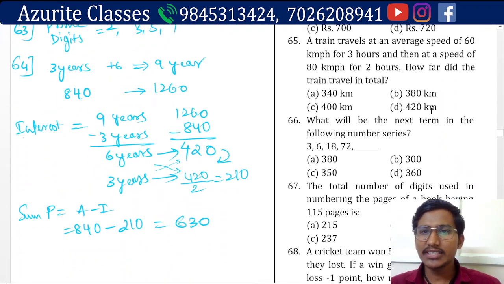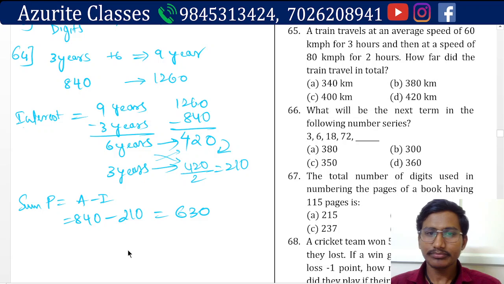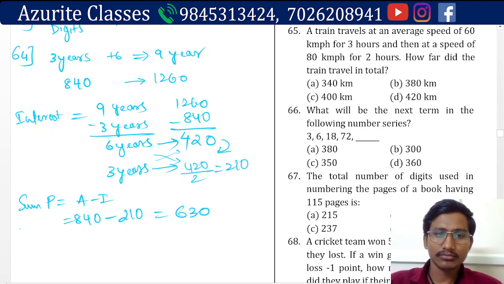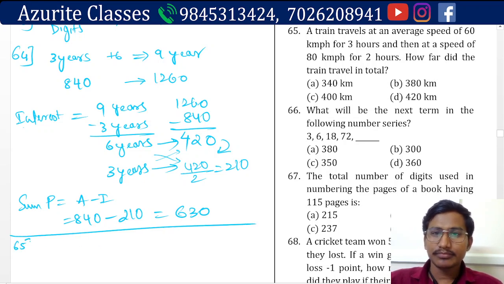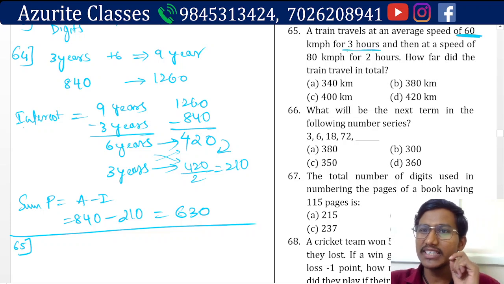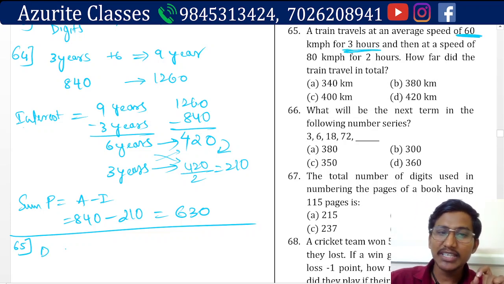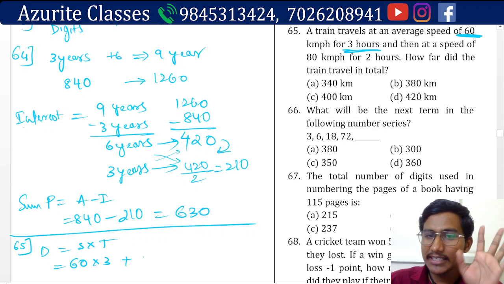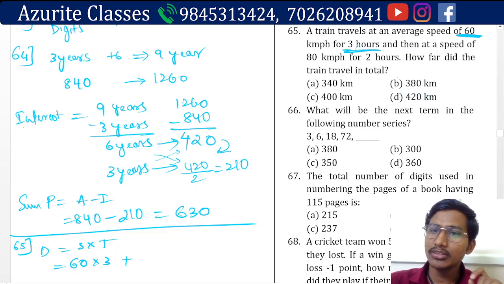So here, question 65. A train travels at an average speed of 60 km per hour for 3 hours. So distance will be speed into time. First, 60 kilometers into 3 hours, and second, 80 kilometers for 2 hours.